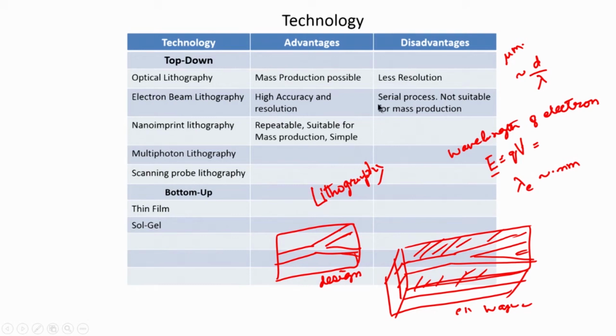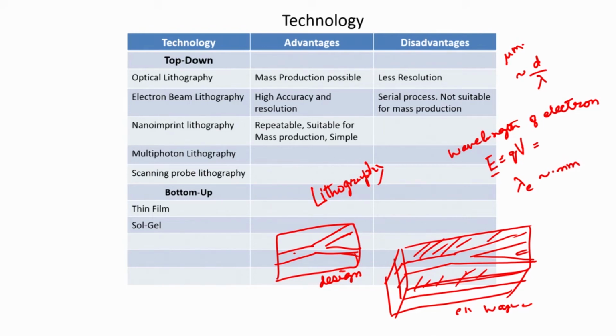And it is a serial process. You do not have a mask, but point by point you write the pattern, and it is a slow process and is not very suitable for mass production. Similarly, you have other processes like nano imprint lithography, which is a repeatable process and is suitable for mass production. It is quite simple.